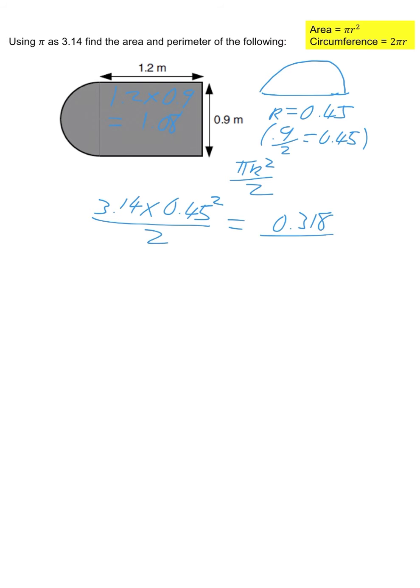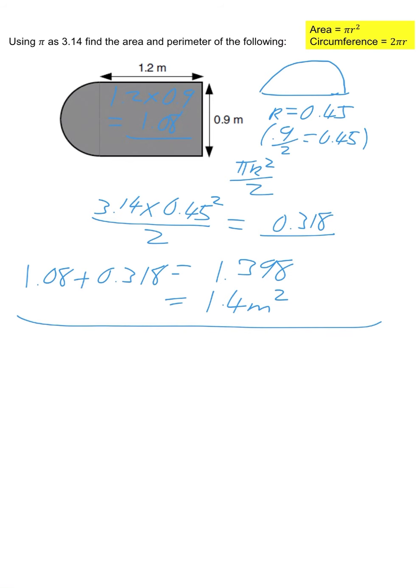So if that's the area of the half circle, and 1.08 then is the area of the rectangle, let's add them together. So 1.08 plus 0.318, that is equal to 1.398. We round to one decimal place, so that would be 1.4 meters squared. Okay, so that's the area of that shape.